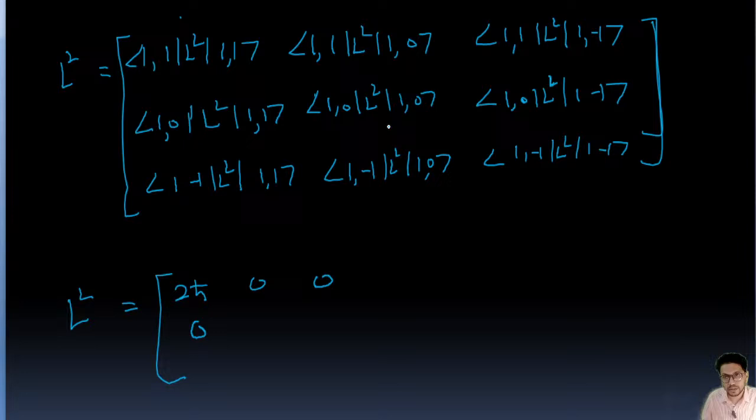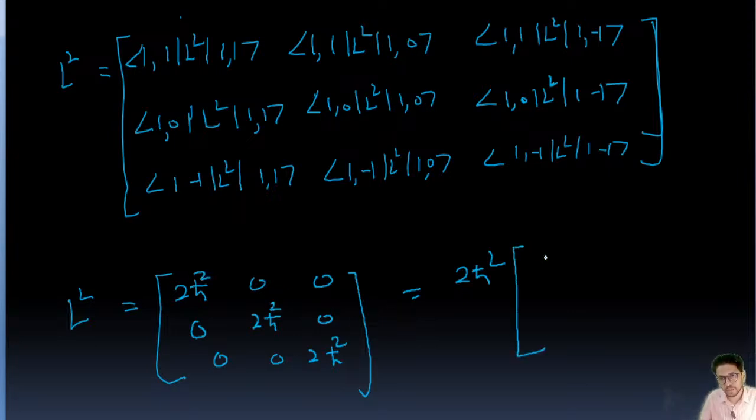Only the diagonal gives 2 h cut square, because this value gives 1 and other values give 0. So we can take 2 h cut square common, and it is the identity matrix 1, 0, 0, 0, 1, 0, 0, 0, 1. This is the matrix representation of L square.